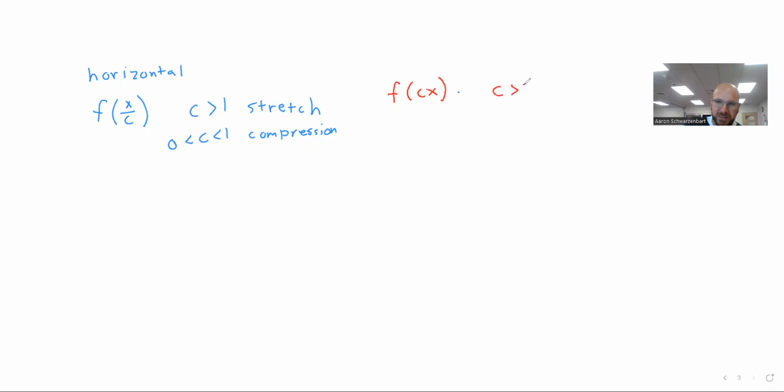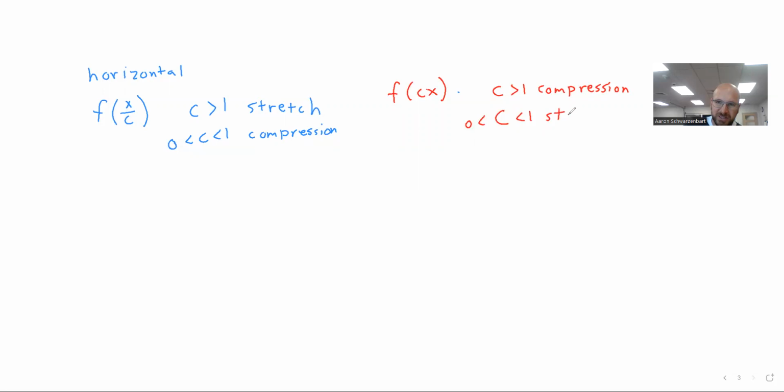C greater than 1 is a compression. Another word for compression is shrink. So we're condensing all the ones. C between 0 and 1 is a stretch.